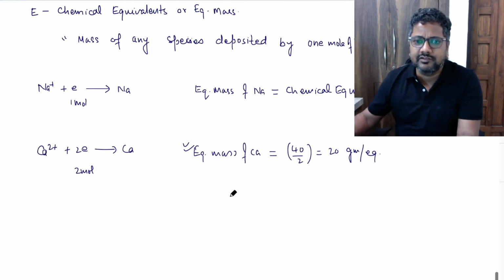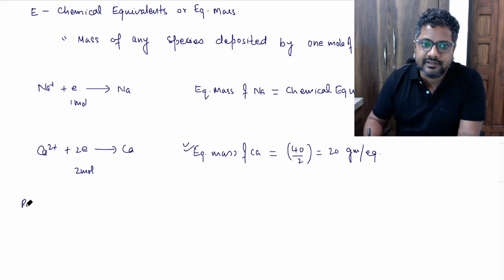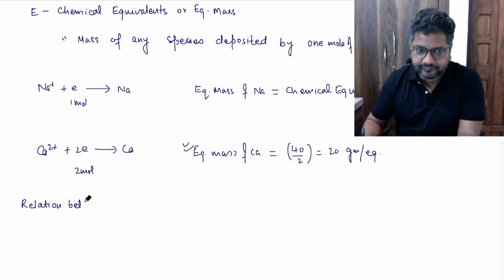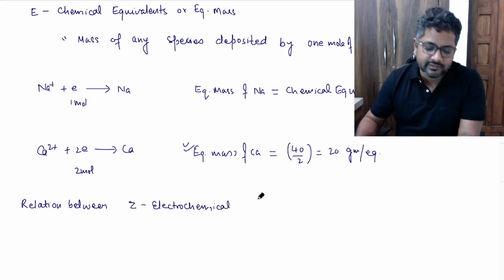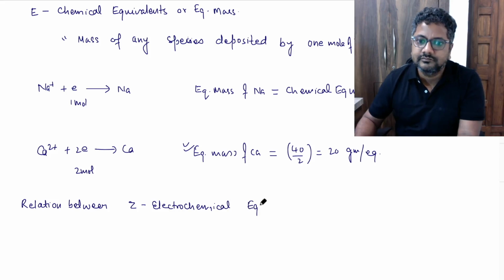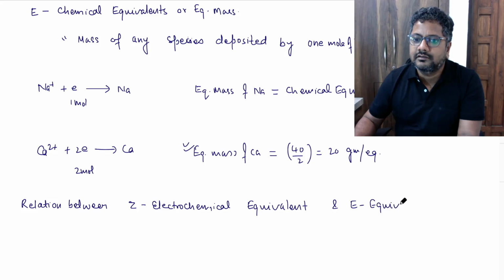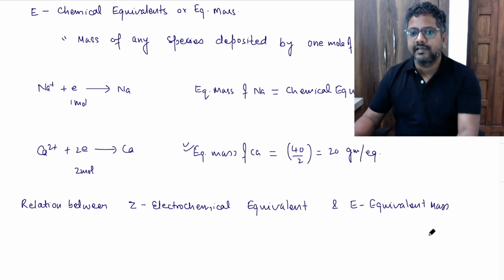So now you can find the relation between electrochemical equivalent and chemical equivalent. So you simply use a formula. The relation between Z, the electrochemical equivalent, and E, the equivalent mass or chemical equivalent.